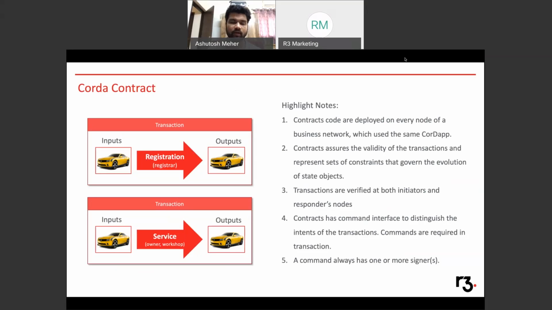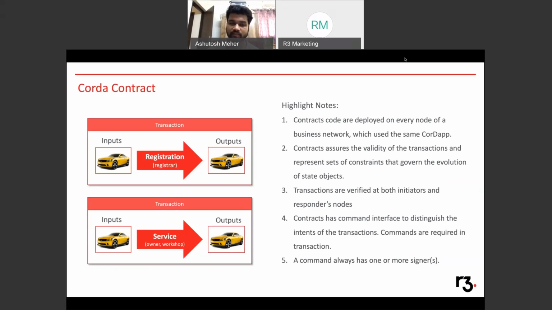then he'll have to validate the contract at his own level as well. One important thing to note is that we also have something called commands, which is important when you do a transaction. If you look at the transaction here, it's a transaction about a vehicle, but what exactly are you going to do with this vehicle, right? That's what commands tell you. They point you to the intent of the transaction. When you know what you are exactly doing, you can go ahead and validate certain business logic.